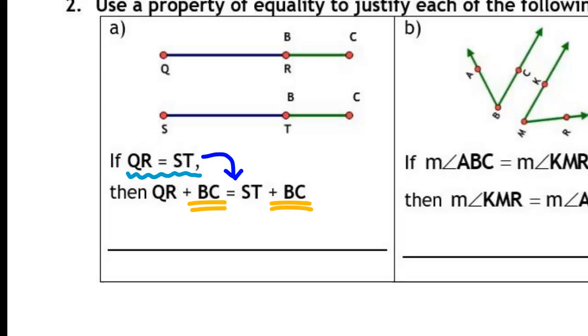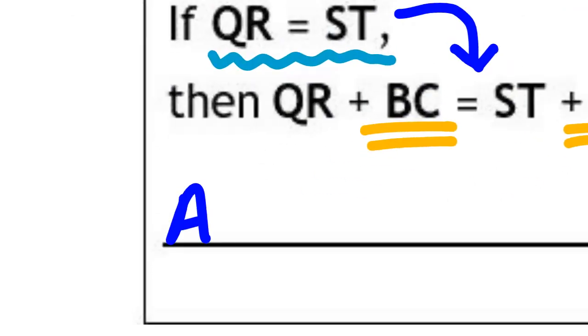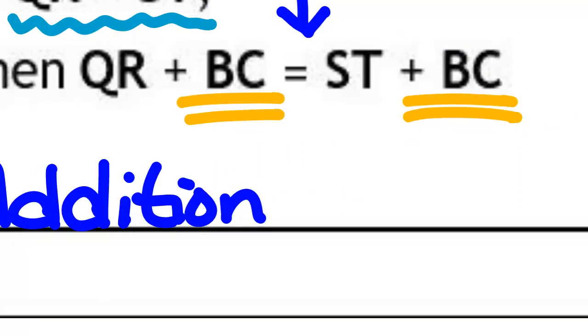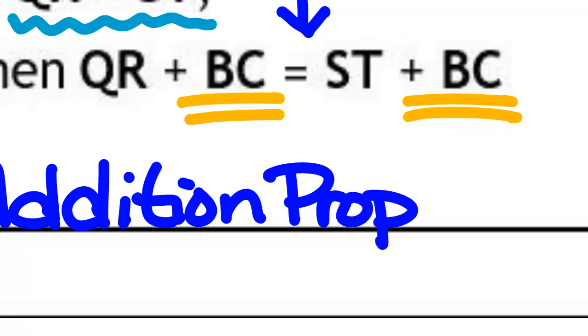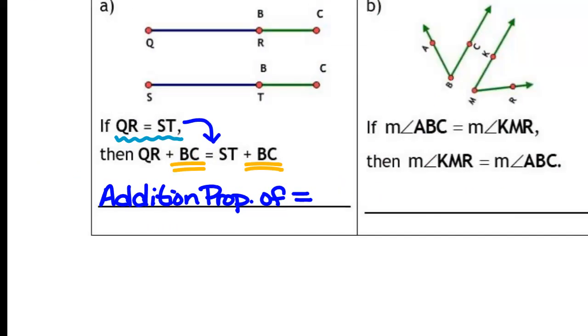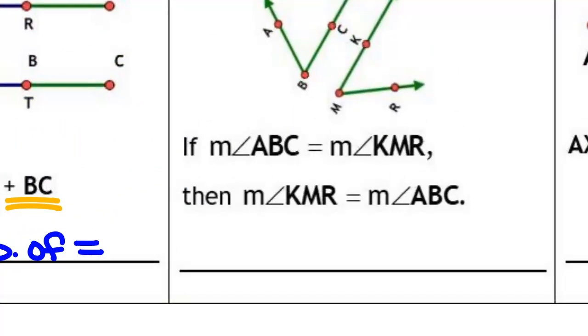It says plus BC, and then over here it also says plus BC. So they added something and they did it to both sides. What did I say we call that? Addition property of equality. When you add the same thing to both sides, that is the addition property of equality.